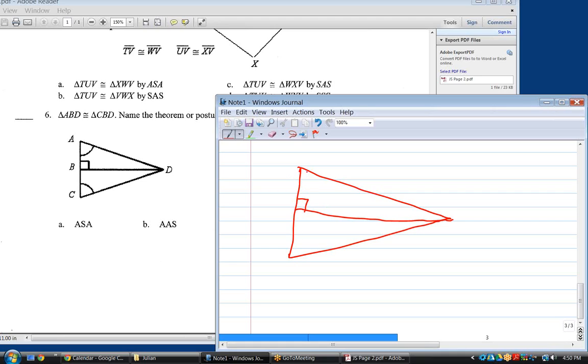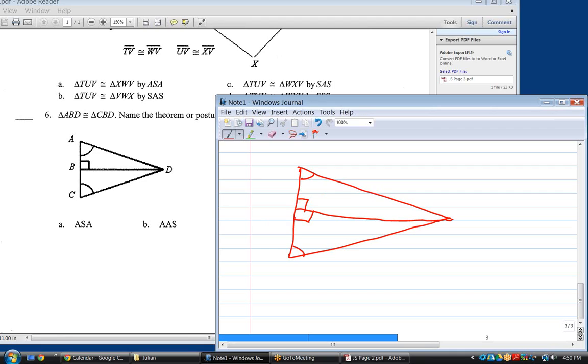And this angle is equal to this angle. So what do I know already? I know two angles are equal. Yeah. In other words, if this is a right angle, this has to be a right angle.